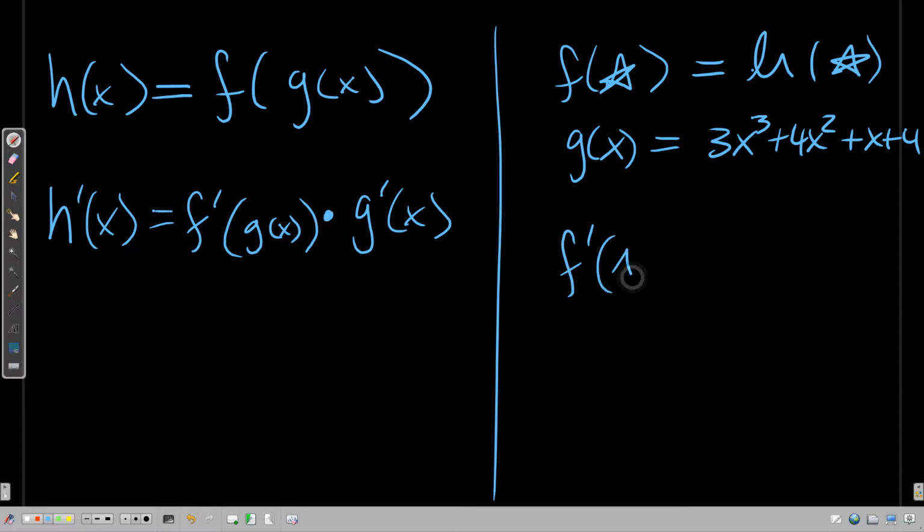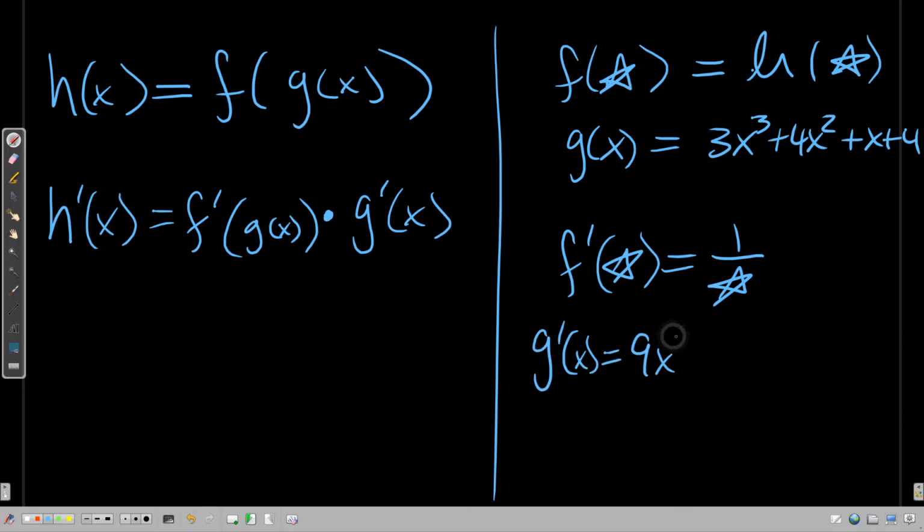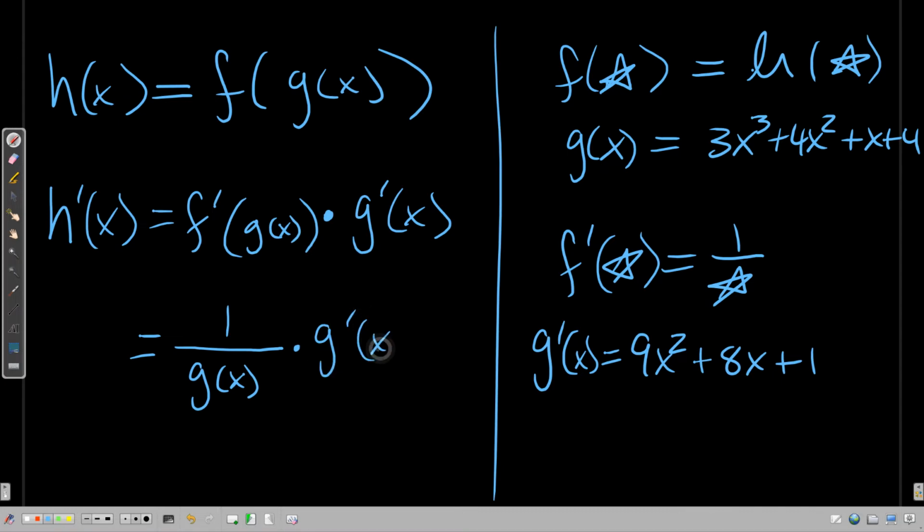So f prime of star would have to be, from what we know, 1 over star. And g prime, from what we know, would have to be 9x squared plus 8x plus 1. So then, evidently, f prime evaluated at g of x would just be 1 over g of x, and then times g prime of x, right?